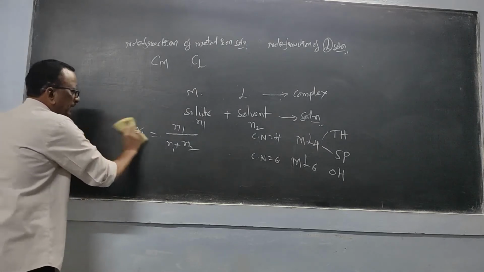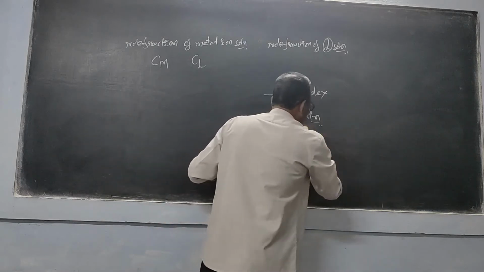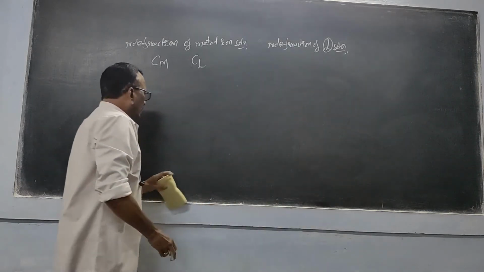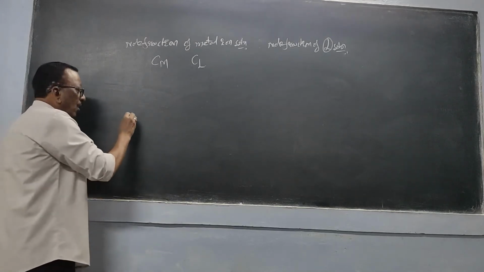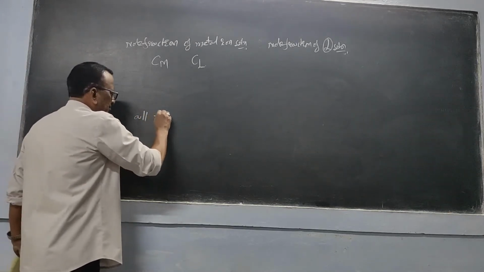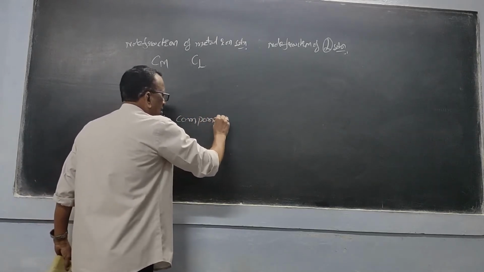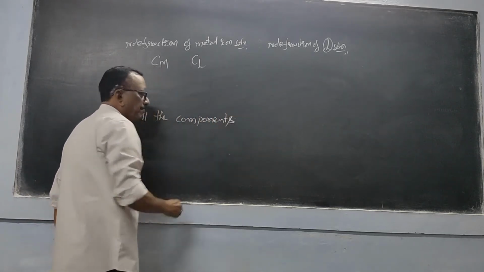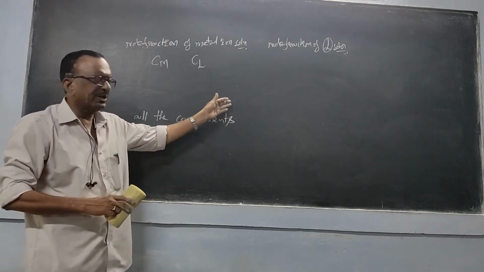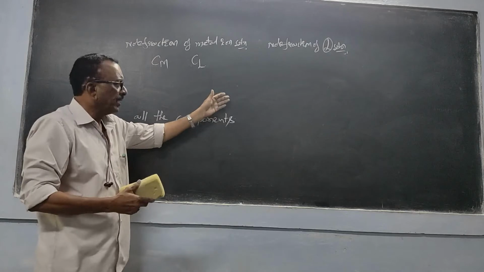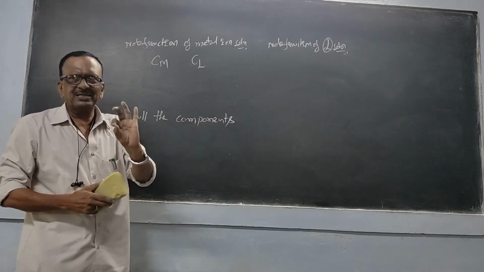Okay, now there is one rule. What does the rule say? The mole fractions of all the components present in a solution. Just now I said that a solution has only two components, one a solute and the other a solvent.